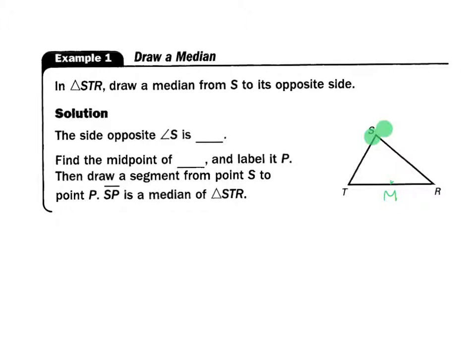So to fill this out, the side opposite is TR, and then we have to find the midpoint M of TR and label it. Oh, it's asking us to label it as P. That's all right, we can do P here rather than M. Then we're just going to connect S and P. S and P, that's actually the name of a rating agency. SP is the median of triangle STR, okay?